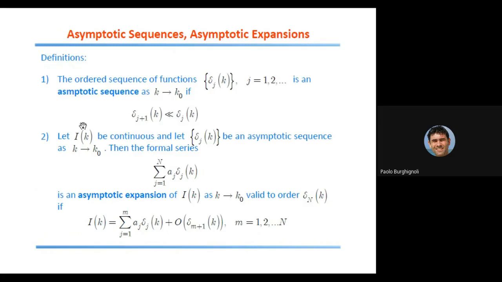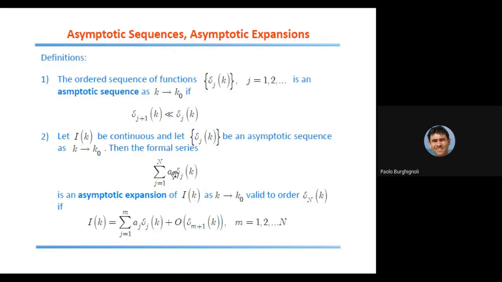And then if your function I is continuous and you have been given an asymptotic sequence, then we say that the formal series, which is a linear combination of the delta j functions, provides an asymptotic expansion of I if the difference between I and this linear combination is of the order of the next term, the m plus 1 term, for m going from 1 to capital N.